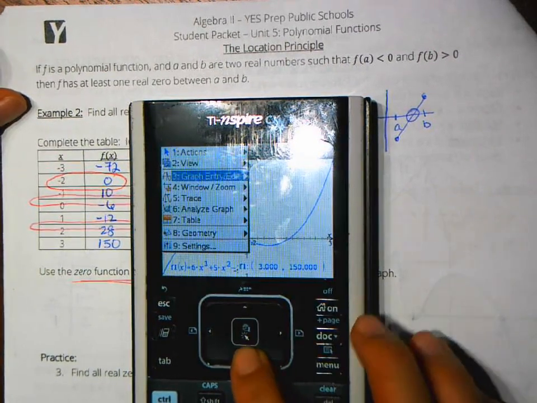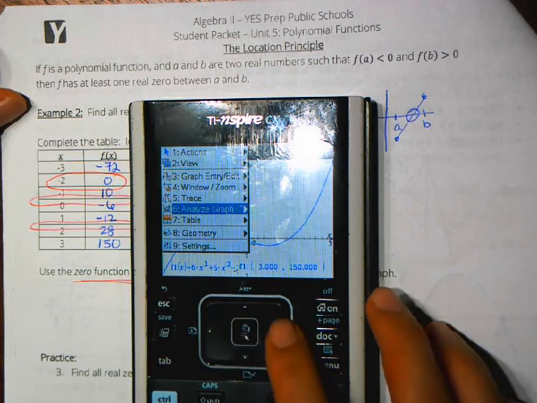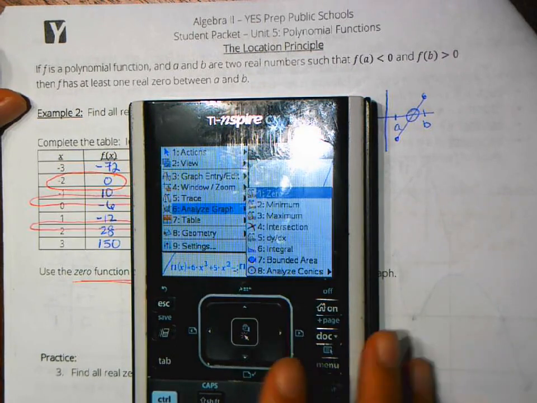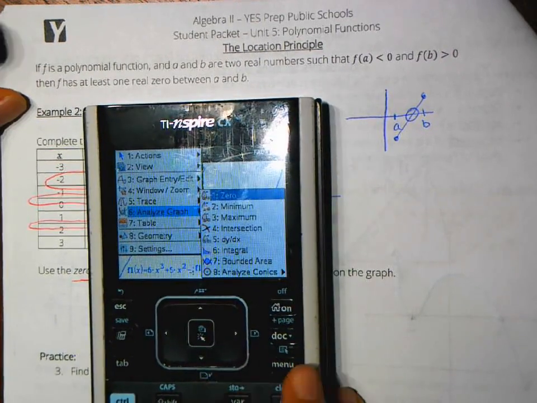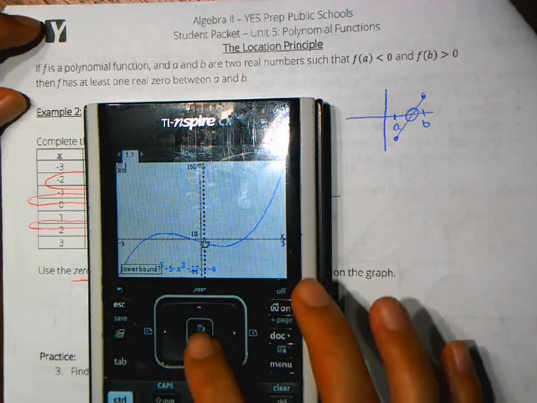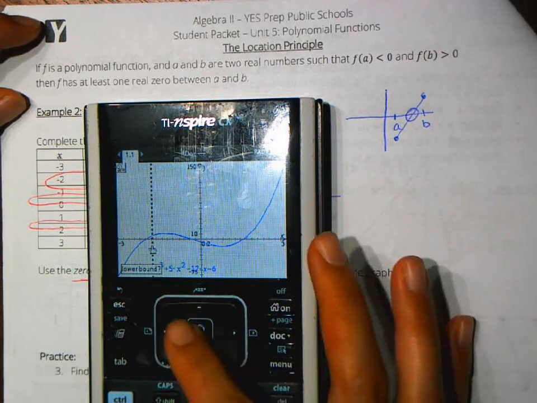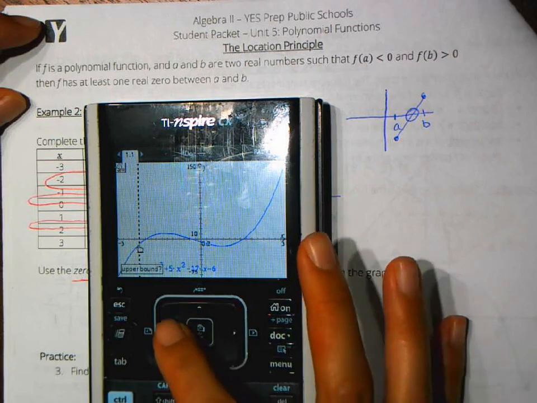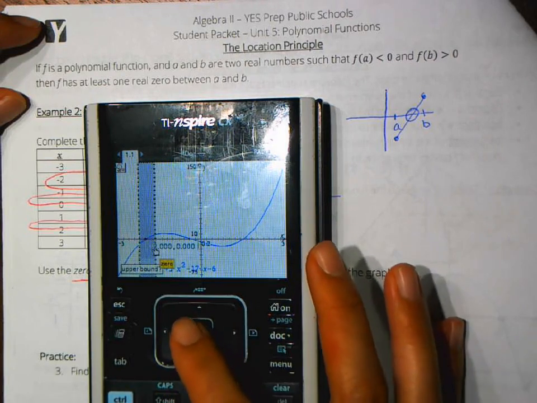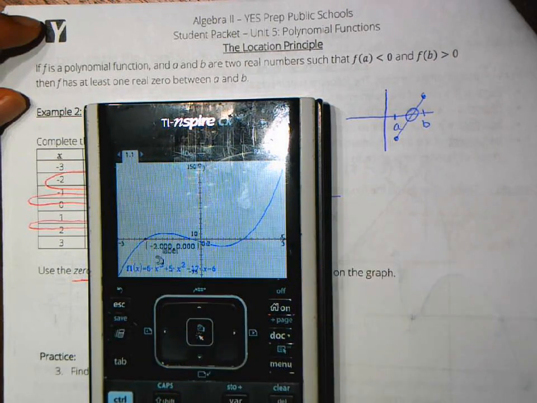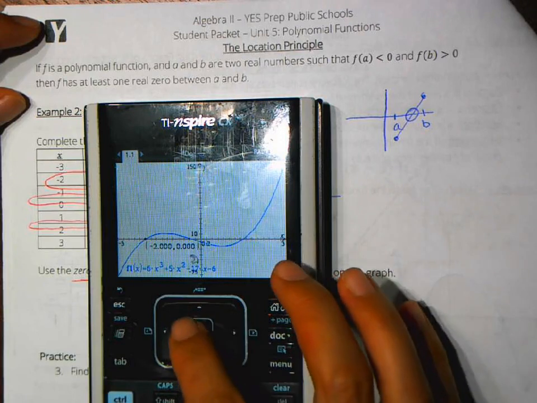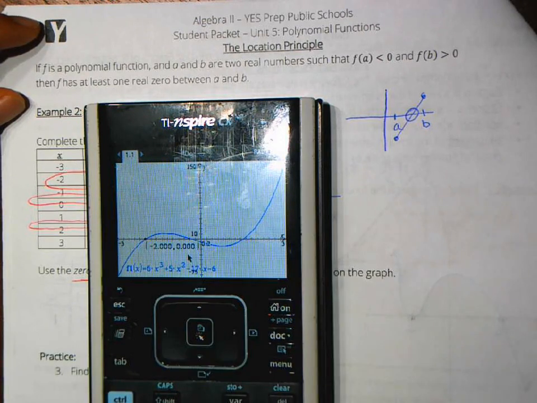Using the menu function, analyze graph, go to zeros. Zero is number 1. I'm going to highlight the left-hand side of the 0 and the right-hand side. So that one has a 0 at -2, 0.